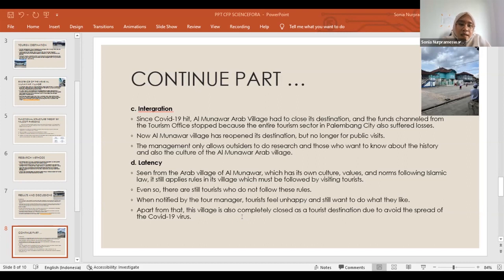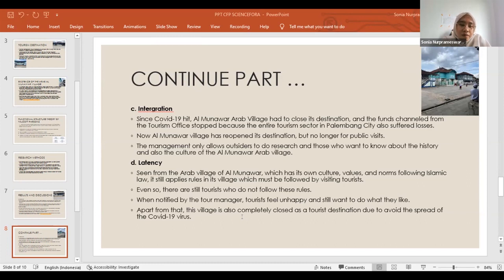And the last, latency, seen from the Arab village of Al-Munawar, which has its own culture, values, and norms following Islamic law. It still applies rules in its village, which must be followed by visiting tourists. Even so, there are still tourists who do not follow these rules.